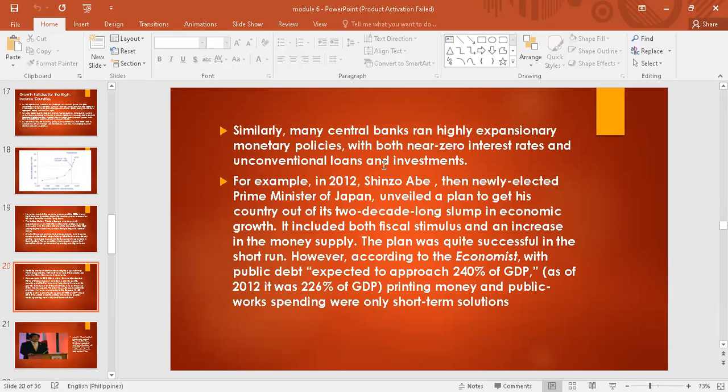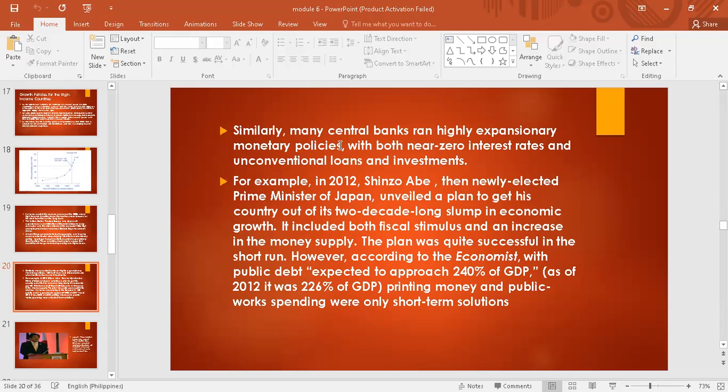Now, there are banks, and these are what we call expansionary monetary policies. It invites businesses or businessmen to invest. That means those who want to start a business, when we have a highly expansionary policy, we allow them to borrow money at low interest.